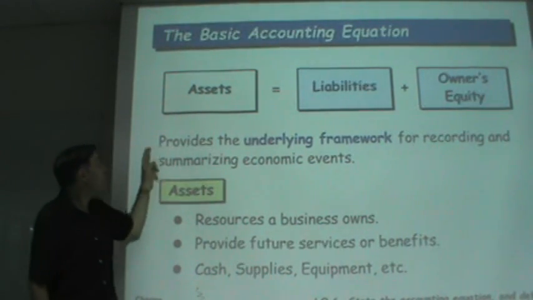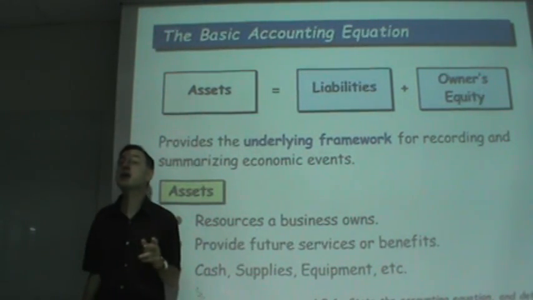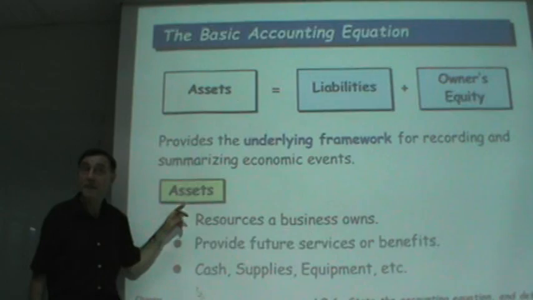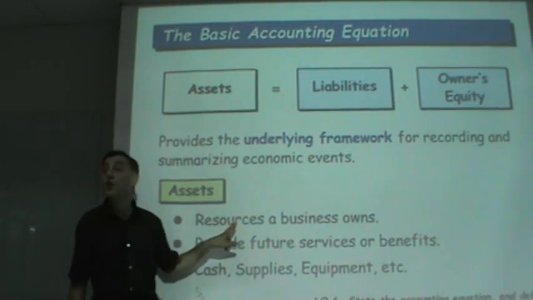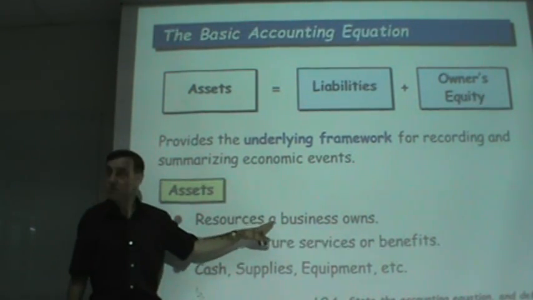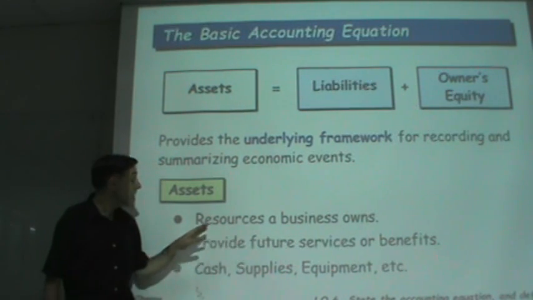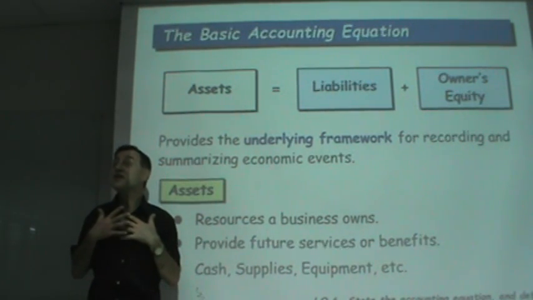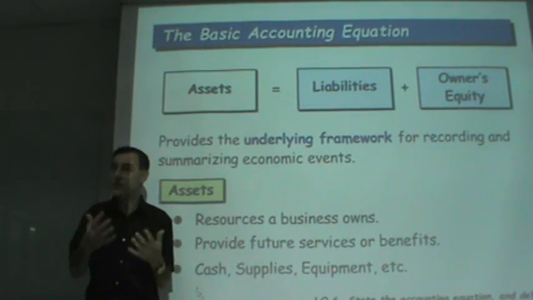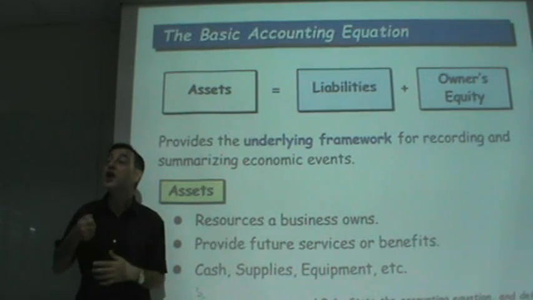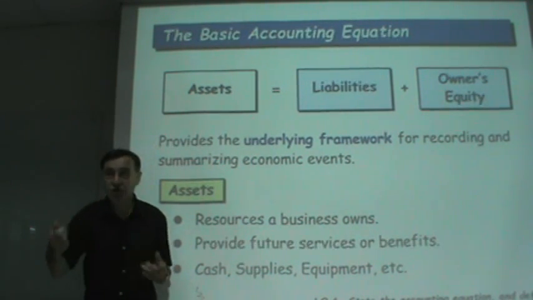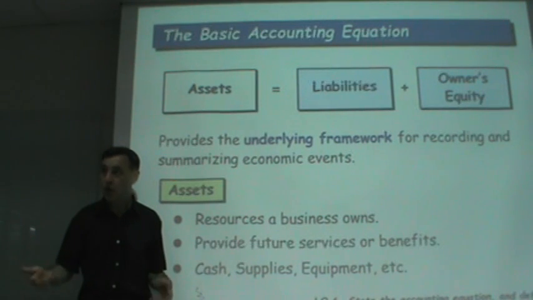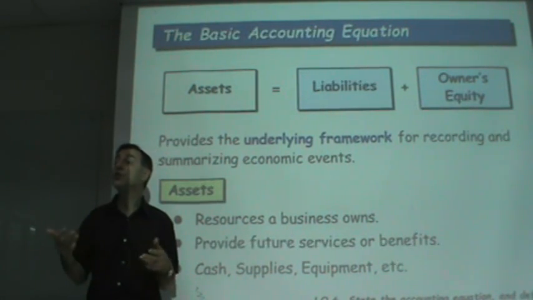And I will repeat and explain again what assets mean. Assets are resources which a business owns. And a resource is something of value which you can use to generate business or to generate revenue.